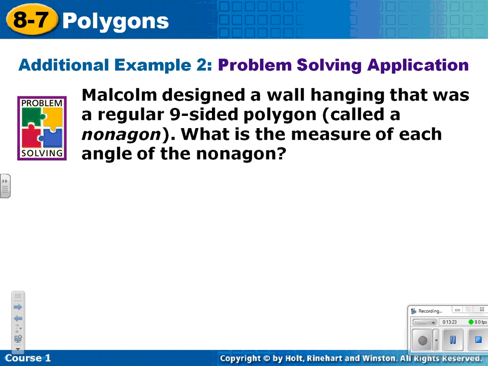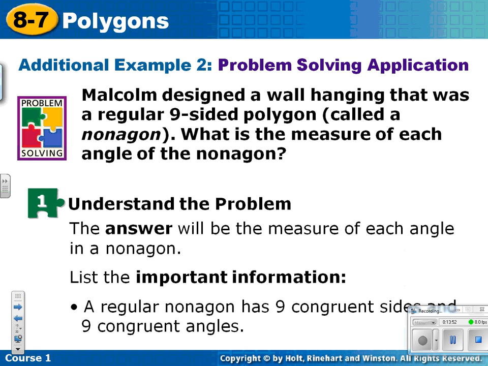And they all have congruent angles. All of the angles are the same. We know that all the interior angles are the same. That is by rule. So if we can find just one, we know what all of them are because they're all the same. Does that make sense? Okay.